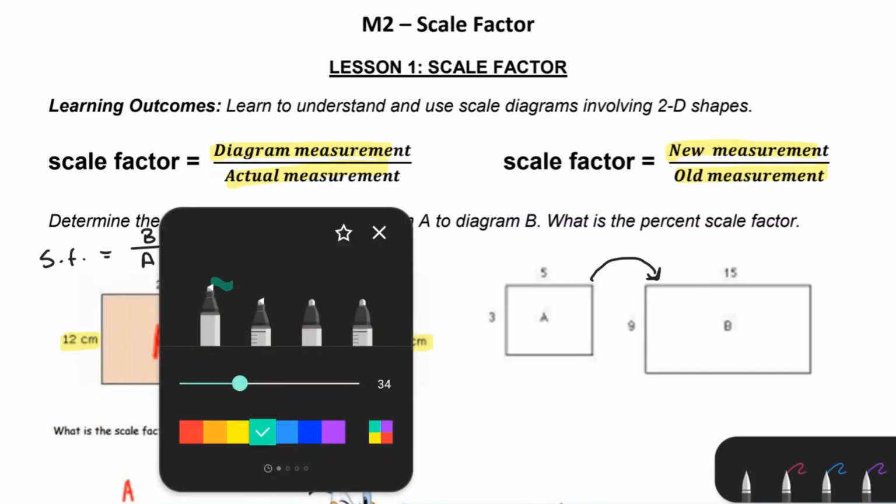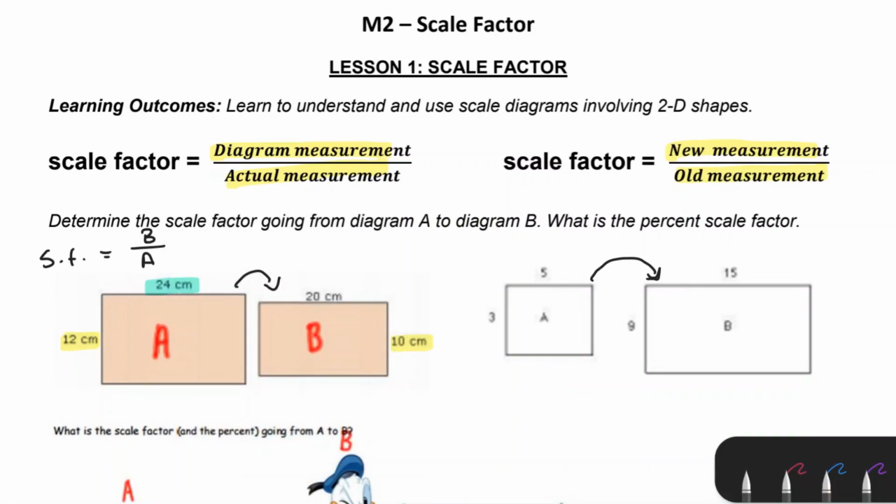If I wanted to look at it differently and compare the 24 centimeter side, that width, I would compare it to the 20 centimeter side, the width of B. I don't want to say suddenly that the longest side of A is being scaled down to look like the shorter side of B because that's not true. If I'm scaling this shape, I'm still saying that the length here is like to the length here. And the length here is like to the length here.